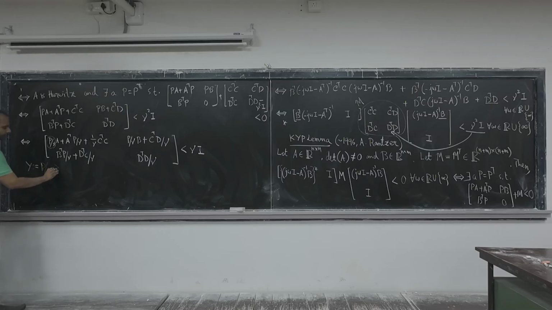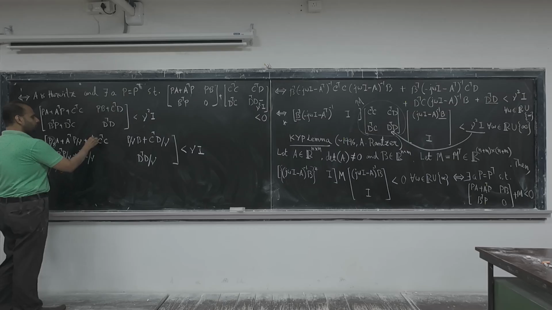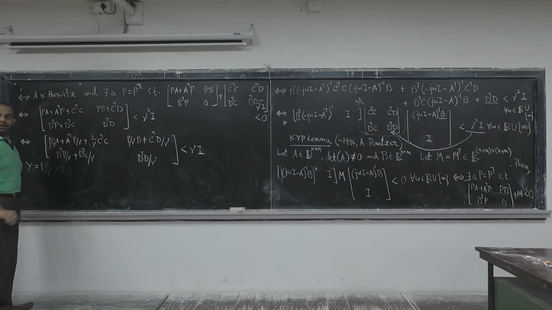This is your new variable, which will be symmetric positive definite. And wherever you are getting 1 by gamma, you consider that to be a different variable, that is, sigma equals 1 by gamma.